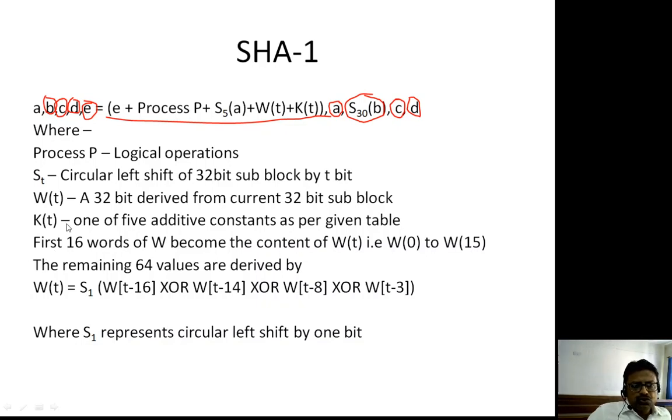The problem is that when the 512-bit block is broken into parts of 32 bits, we get only 16 subblocks, and we have to make 80 iterations.